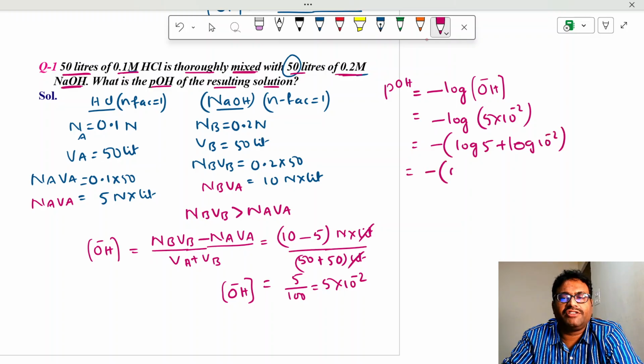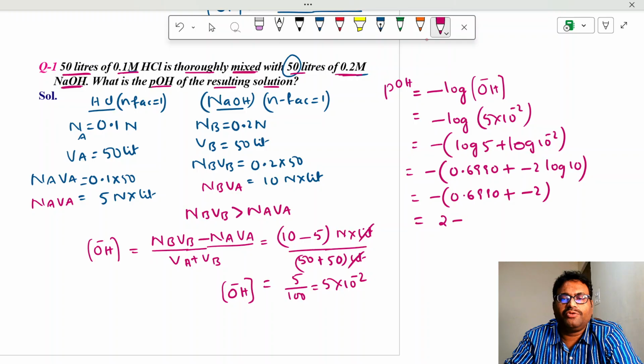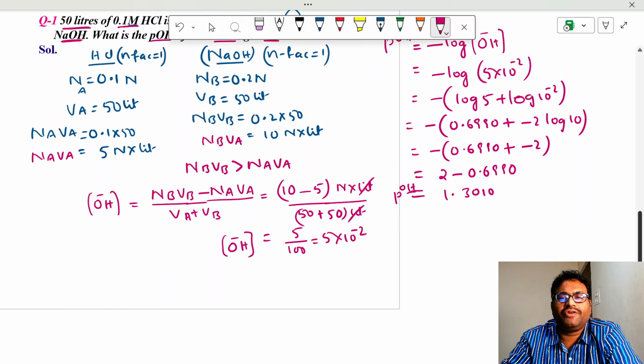Log 5 is 0.6990, and minus 2 log 10 base 10 gives minus 2. That is equal to 2 minus 0.6990, which is 1.30. So we got pOH.